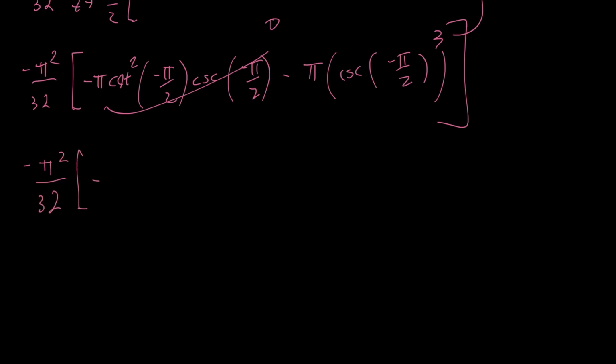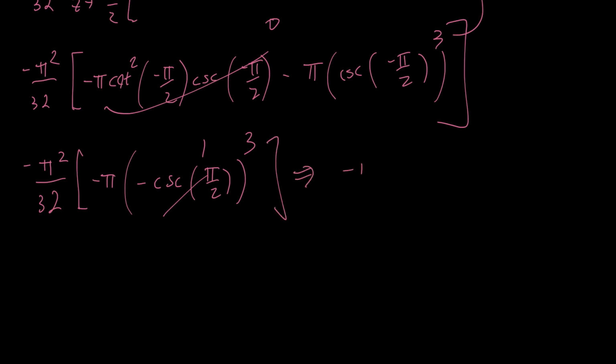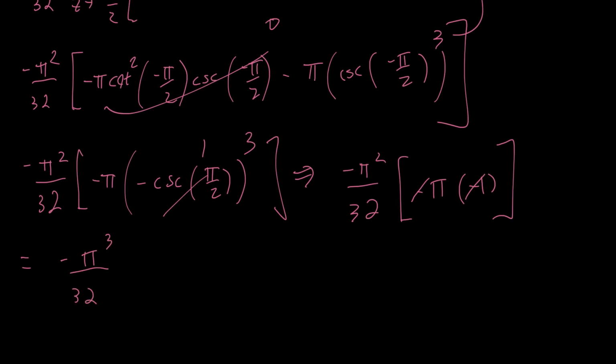We're going to have a minus pi, and we'll have a negative cosecant of pi over 2 cubed. The cosecant of pi over 2 is 1, and negative 1 cubed is negative 1. So we have a minus pi times negative 1, but these negatives end up canceling. And multiplying by the pi, we're going to have a minus pi cubed divided by 32.